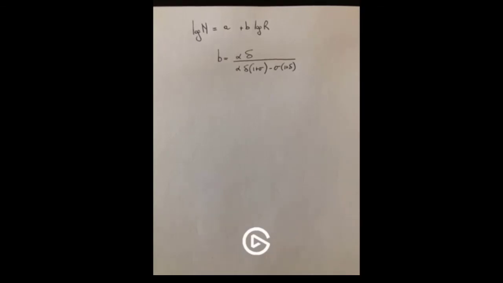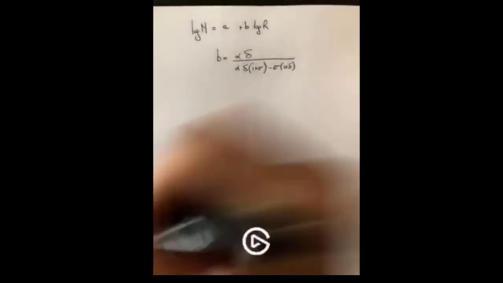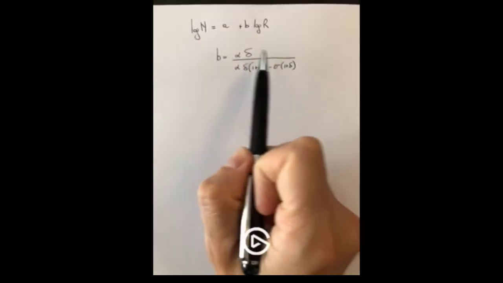someone can have data on the total amount of people living in a city and roads, and estimate this parameter b from the data, from a regression. Then what the model tells you is that this elasticity can actually be thought of as a combination of other forces.